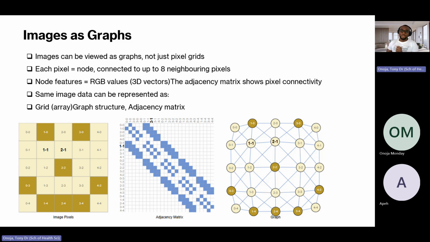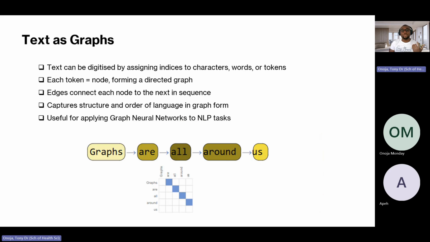And each of these adjacency matrices, you can connect them in form of nodes and edges. So if you have 1, 1, 1, 2, 2, 2, and all that, you can say this is where the node is, and this is what is leaving the node to each edge. So the same way that we looked at it in the traditional neural networks, where we zoom into each part of the pixels, the grid, to look at what is happening to that pixel, the same way we could represent them in form of a graph.